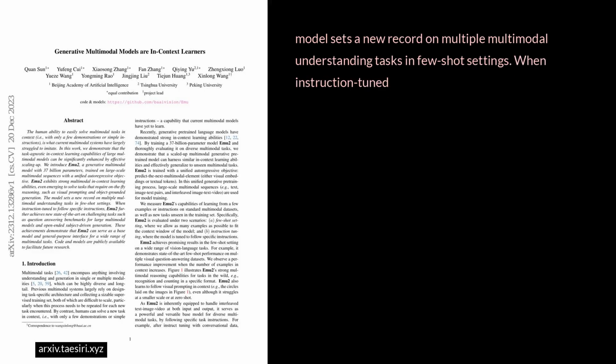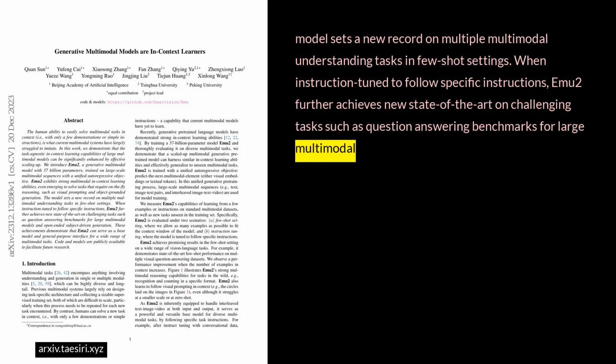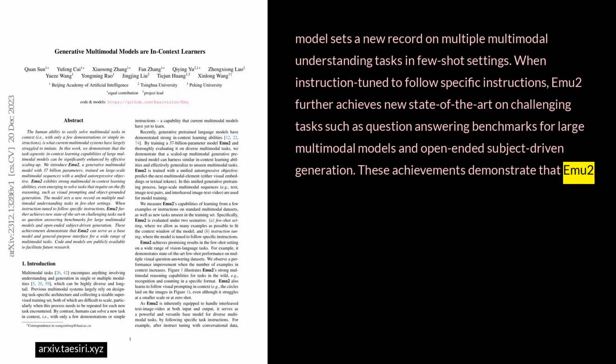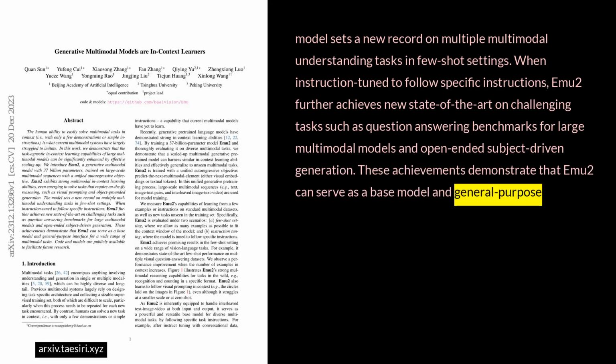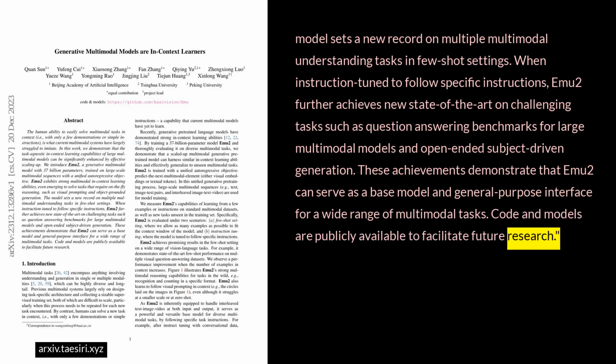When instruction tuned to follow specific instructions, EMU2 further achieves new state-of-the-art on challenging tasks such as question-answering benchmarks for large multimodal models and open-ended subject-driven generation. These achievements demonstrate that EMU2 can serve as a base model and general-purpose interface for a wide range of multimodal tasks. Code and models are publicly available to facilitate future research.